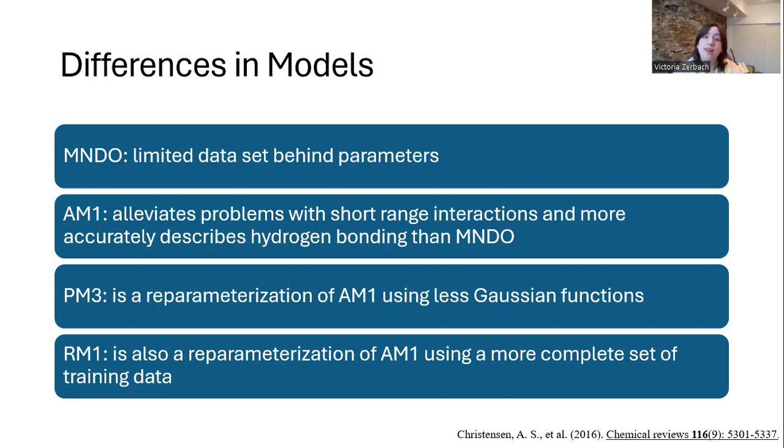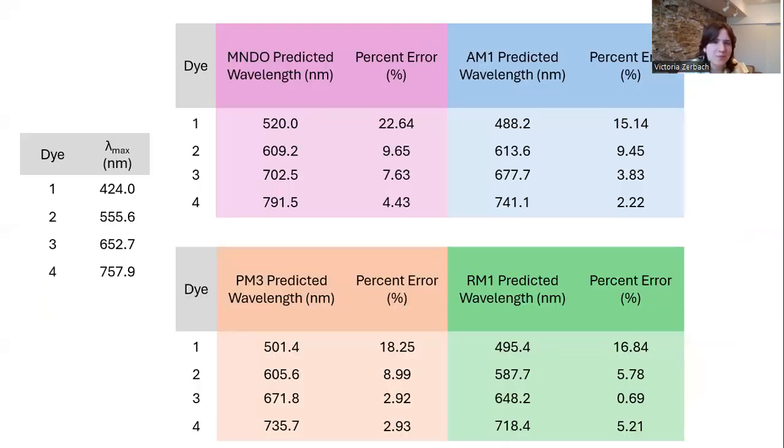PM3 is a reparameterization of AM1 that uses fewer Gaussian functions to describe it, and RM1 is also a reparameterization of AM1, but it uses a more complete training data set. And that means it probably should produce more accurate data because it has more of a basis.